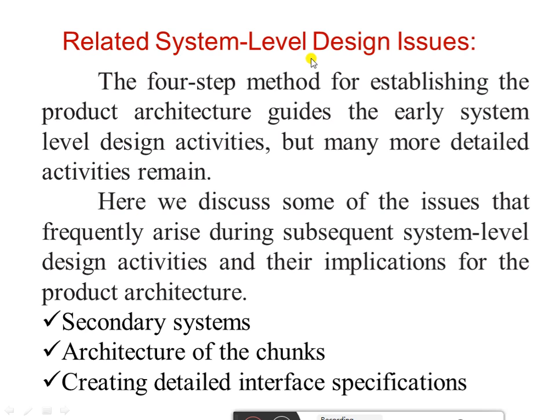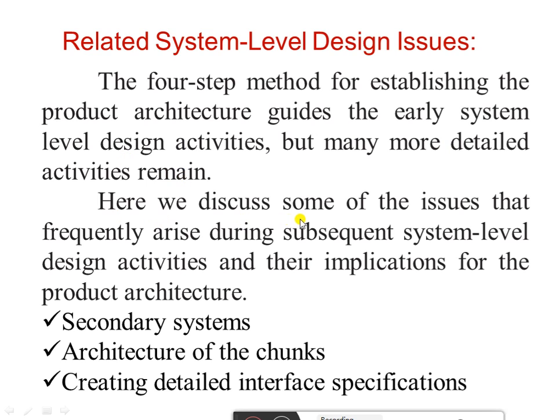Then related system level design issues. The 4-step method of establishing the product architecture, you might have studied in the previous sessions. Here we are going to discuss the secondary system. Many more detailed activities remain.